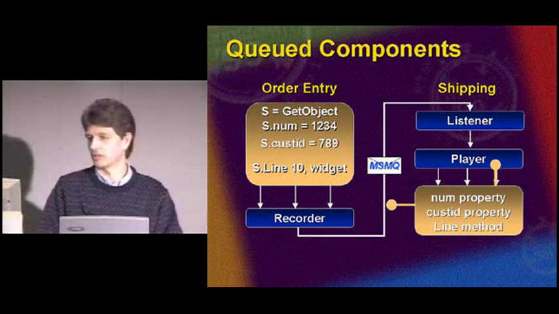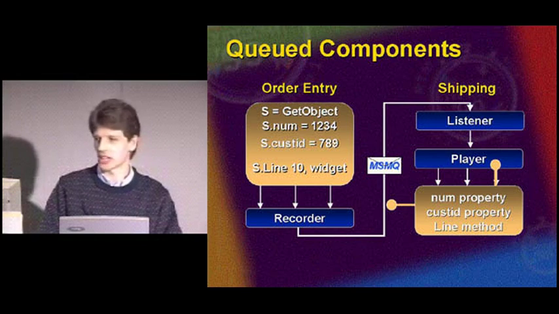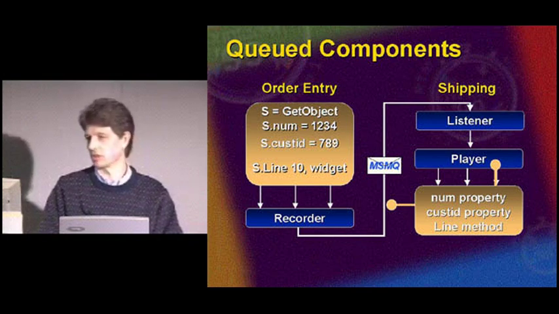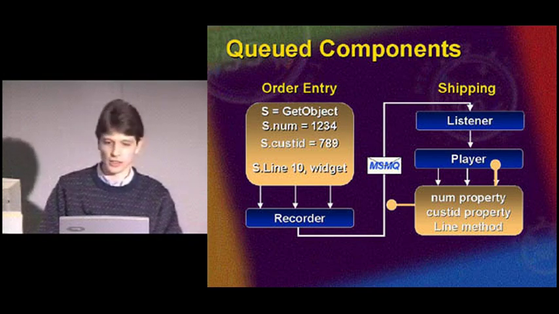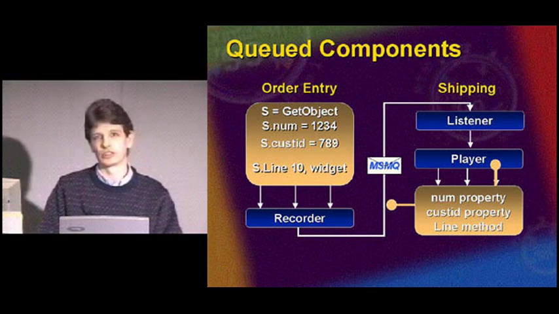The player is responsible for unpacking the message and actually instantiating and calling the component. The recorder is created in the same transaction context as, in this case, the order entry object, and the player creates a transaction that runs the shipping object. So going back to this slide with transactions on it, you can see how those transactions map onto the various components.